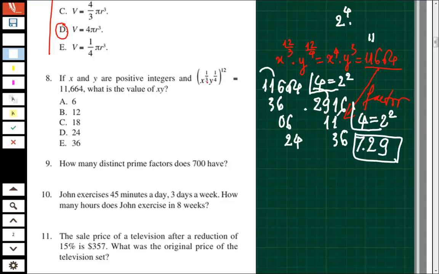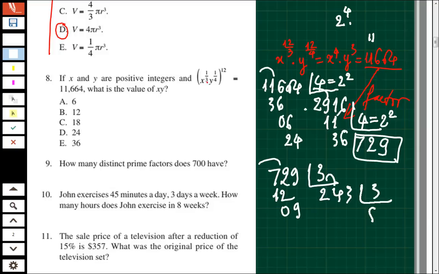Or we can see that the sum of 3 digits, 7, 2, 9, that is 18, divided by number 3. So we take 729 divided by number 3, and we can continue.